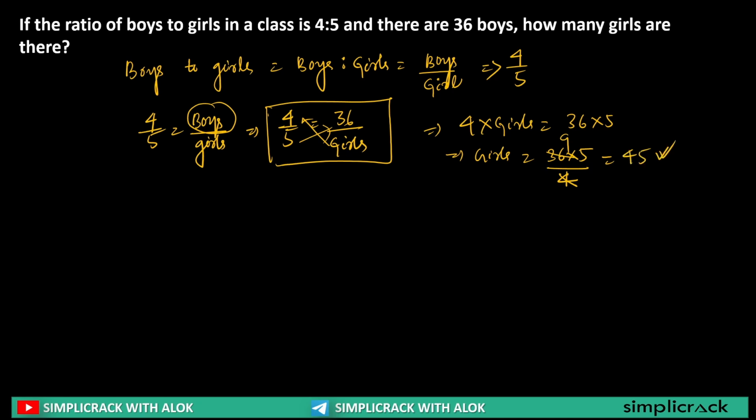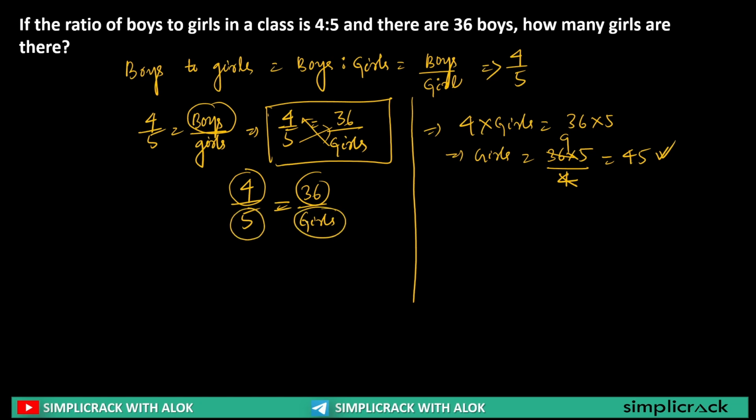We can do this, or we can simply solve it like this. 4 by 5 is equal to 36 by girls. If there is an equal sign, we can always divide antecedent by antecedent and consequent by consequent. So if I divide 4 by 4, I get 1, and if I divide 36 by 4, I get 9.